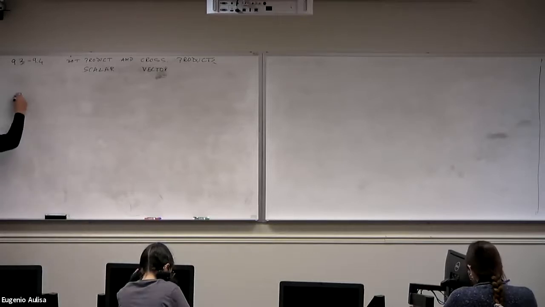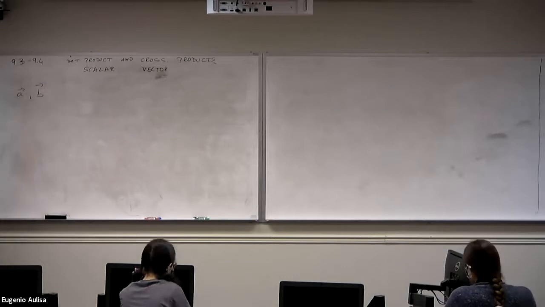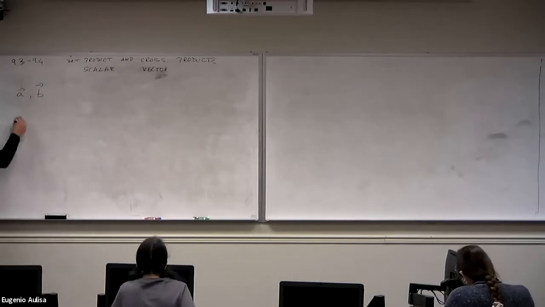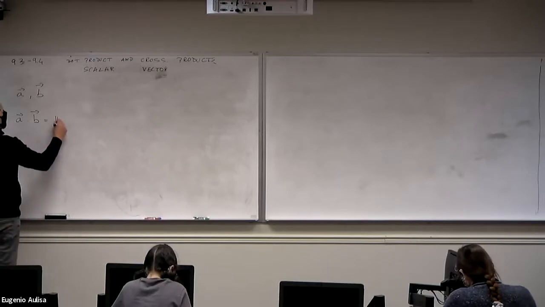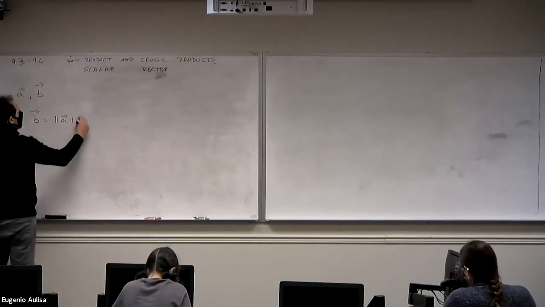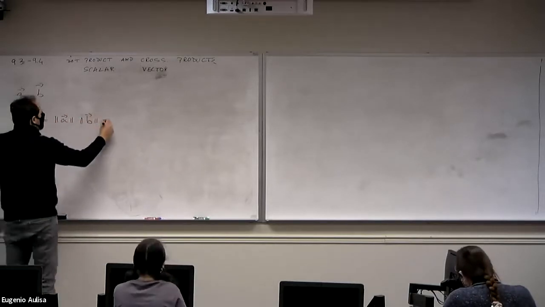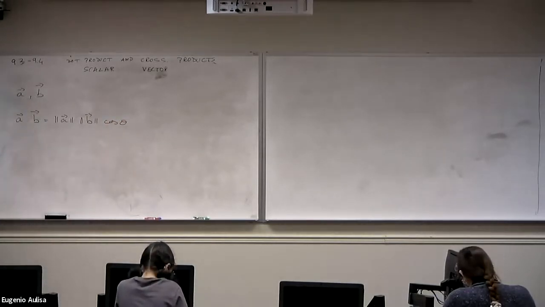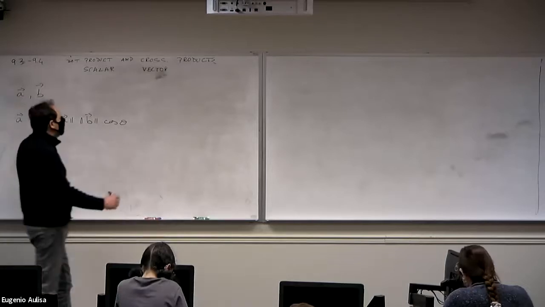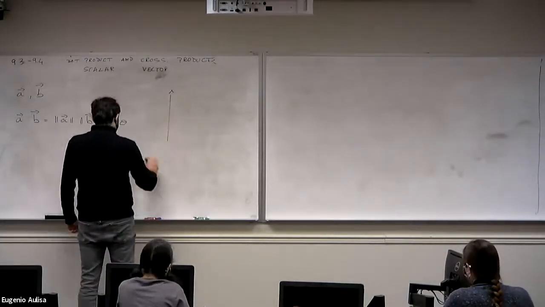We have two vectors, A and B. Dot product A dot B is equal to the size of A times the size of B times the cosine of the angle theta, where this angle theta is the smallest angle between the two vectors A and B when they have the same origin.